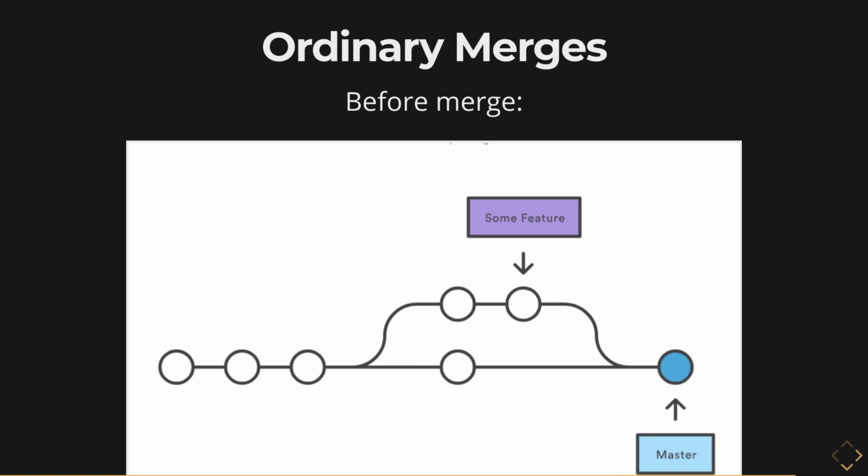And sometimes it manages to do everything completely automatically, in which case Git will just create that merge commit for you, and then it'll move the master branch to the newly created commit. You have now integrated the work into the new commit.